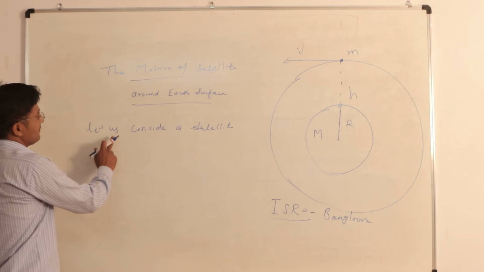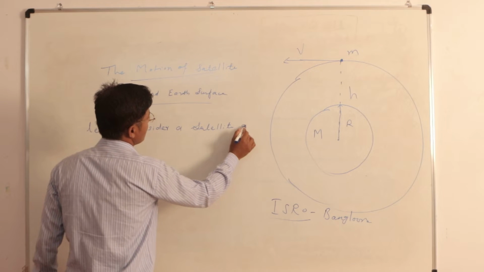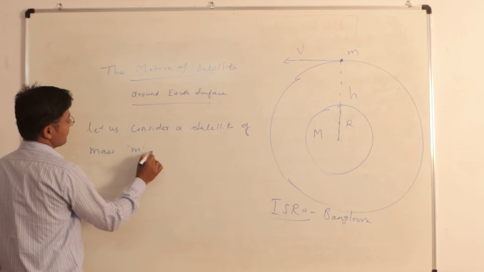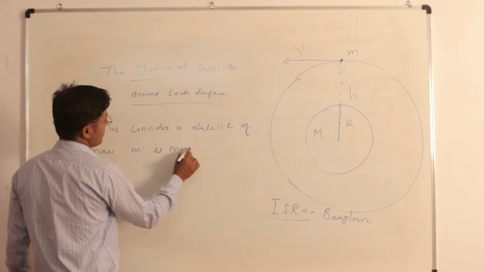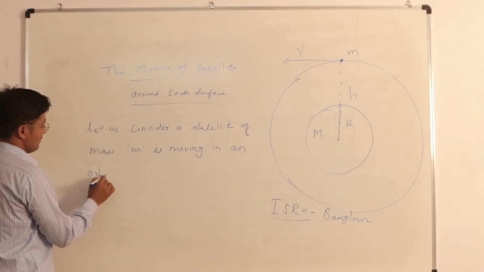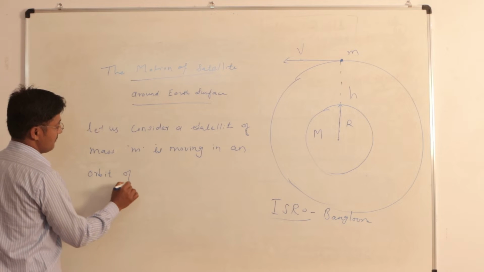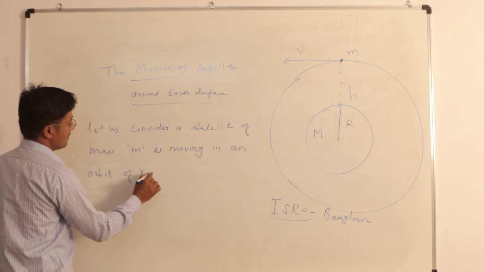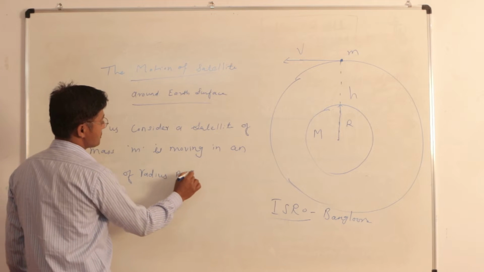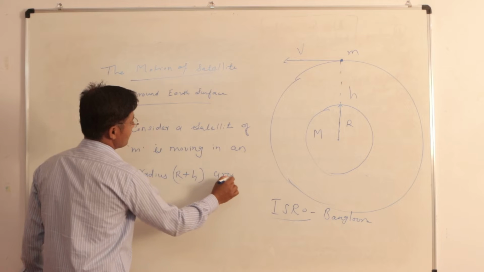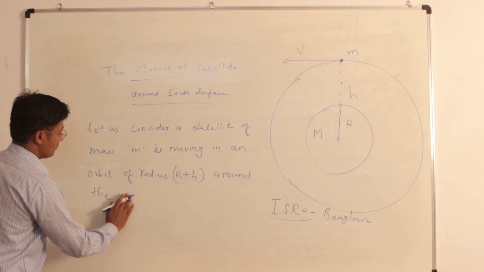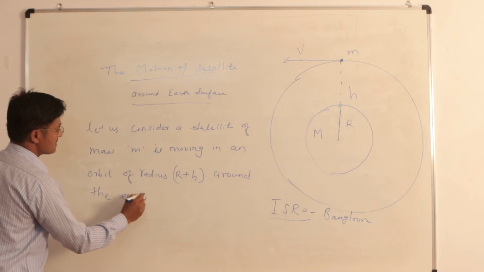Let us consider a satellite of mass small m moving in an orbit of radius capital R plus h around the earth's surface. Now why is this R plus h?